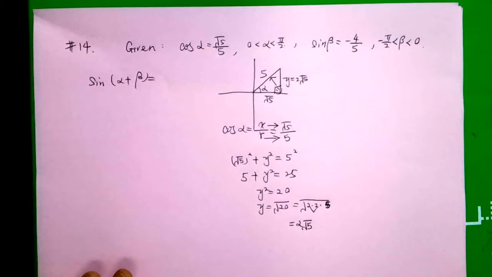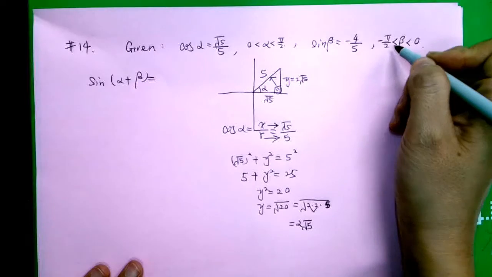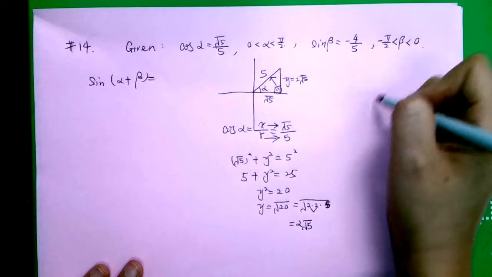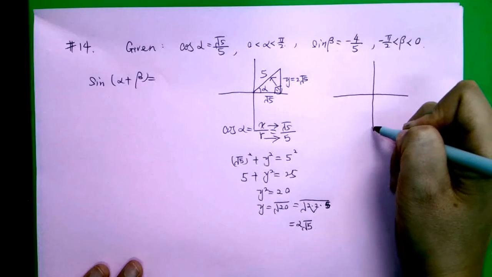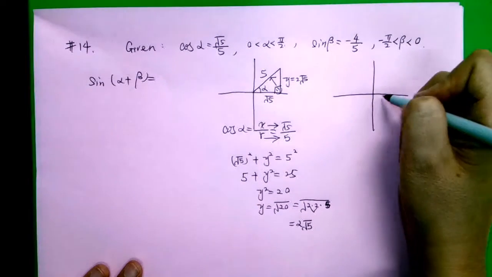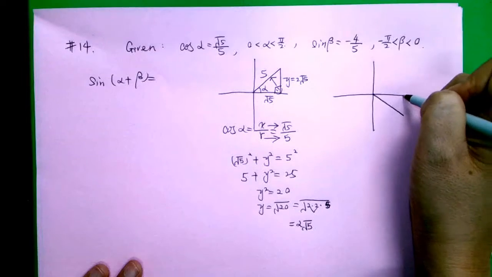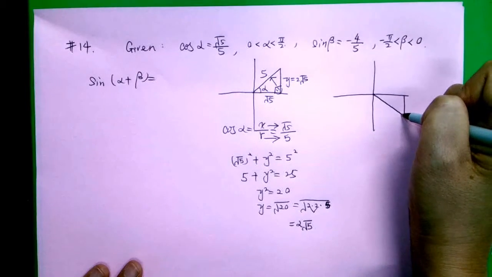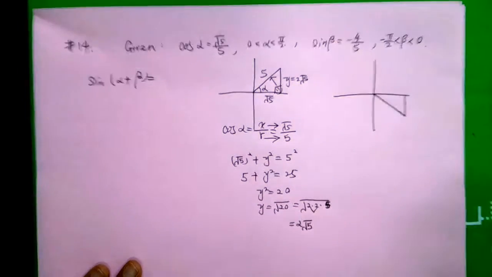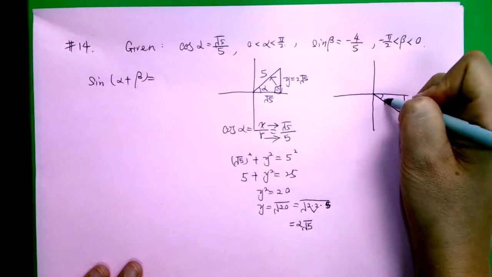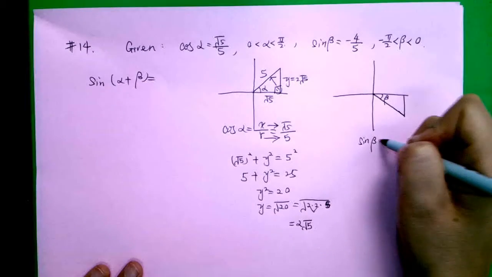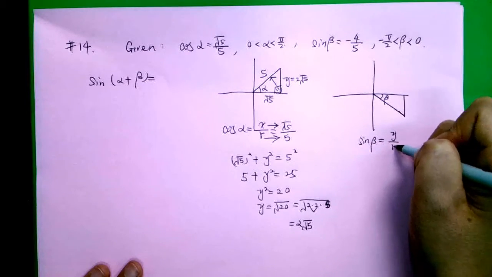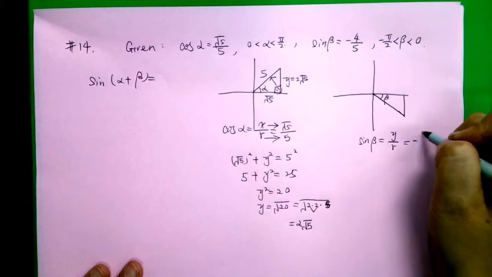All right, let's see beta. Beta is between negative pi over 2 and 0. This is positive pi over 2, negative pi over 2. So negative pi over 2 and 0 will be this, quadrant 4. Sine beta equals y over r equals negative 4 over 5.